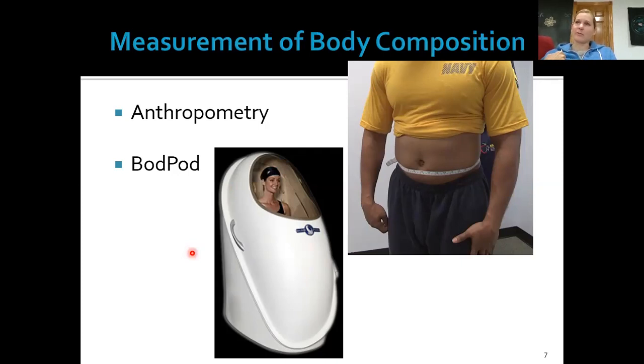So for guys, they would wear spandex shorts and some sort of swim cap as well when they get their measurements done. Again, very accurate, but very expensive. This is another expensive piece of equipment to have, but it is very accurate, and it's easy to use too. So you don't have to have any skill as the practitioner in order to use this method.